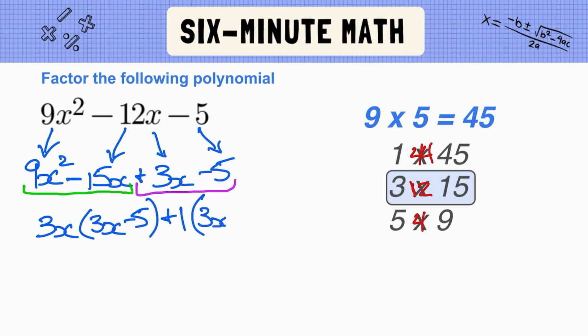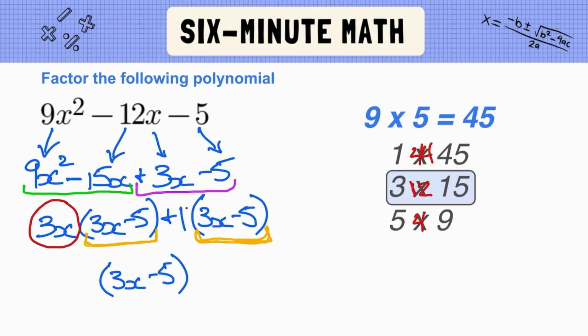This is going to leave me with 3x minus 5, creating an equal binomial factor that I can finish my complex trinomial with. I'm going to take out that 3x minus 5, and I'm going to be left with 3x plus 1.